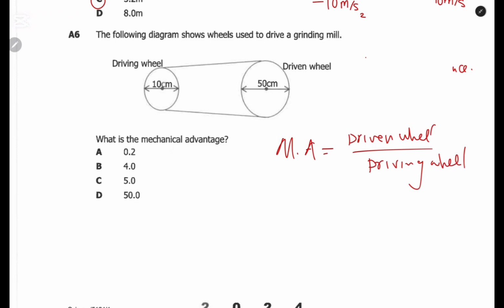The driven wheel is 50 centimeter, the driving wheel is 10 centimeter. If we divide here, mechanical advantage is going to give us 5. And these are ratios, so no units. So 5.0. That is the answer.